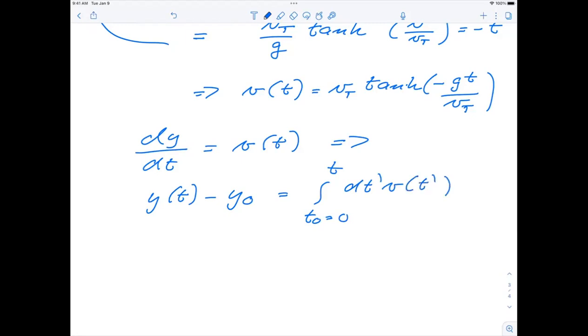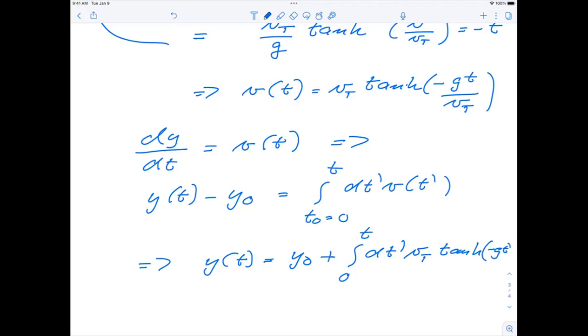And that means that we need to plug in, so we get y of t, which is equal to y0 plus an integral from 0 to t of dt prime multiplied with this constant vt of tan hyperbolicus of minus g times t prime divided by this quantity vt here.